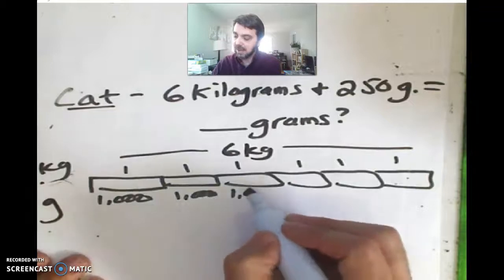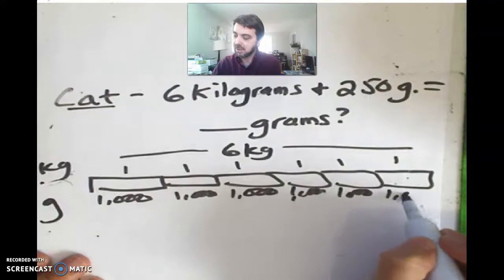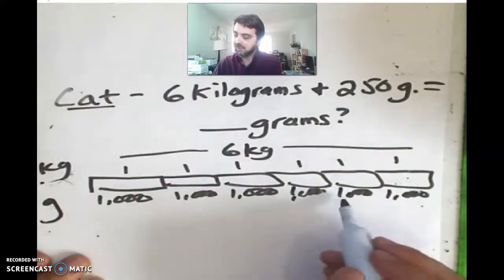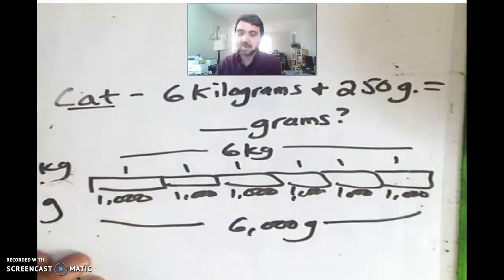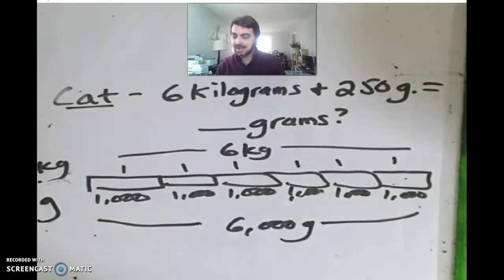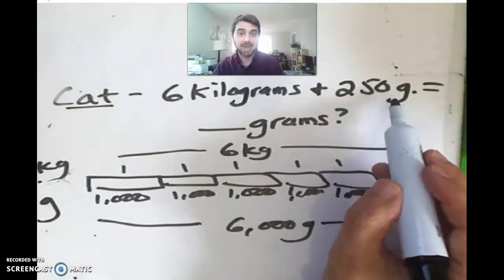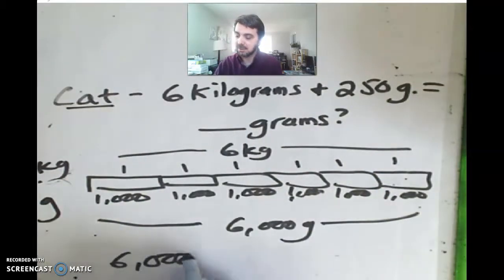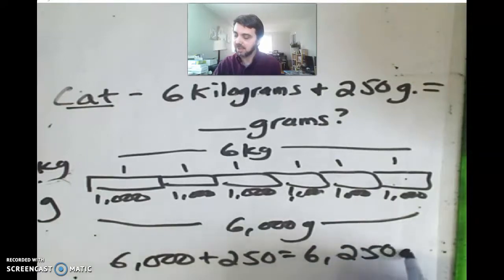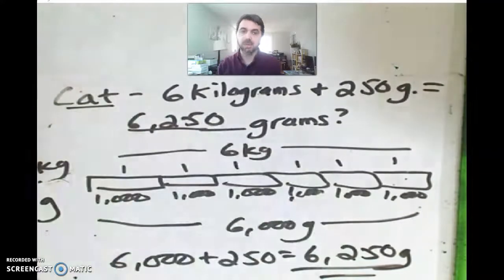And down here, if each of these is 1,000, sorry, it's getting a little smushy, 1, 2, 3, 4, 5, 6,000. 6,000 grams, plus we have 250 more grams of mass for the cat. So that would be 6,000 plus 250 equals 6,250 grams. And that would be our answer up here.